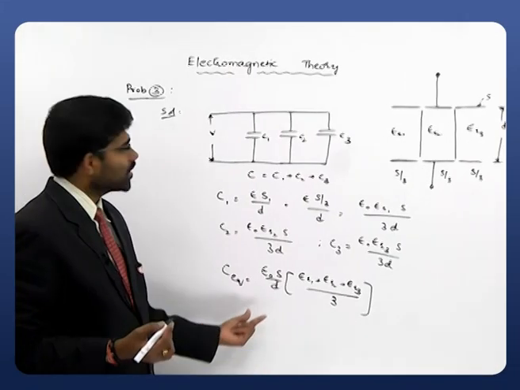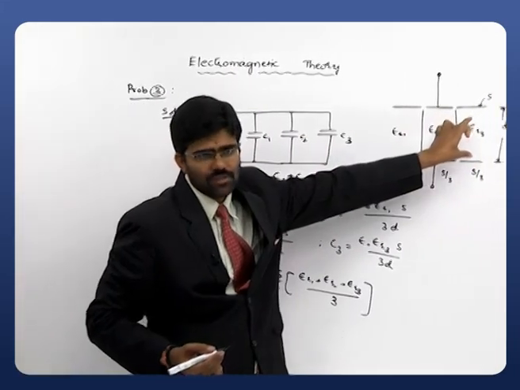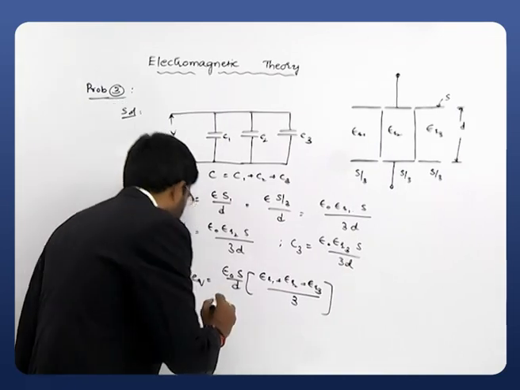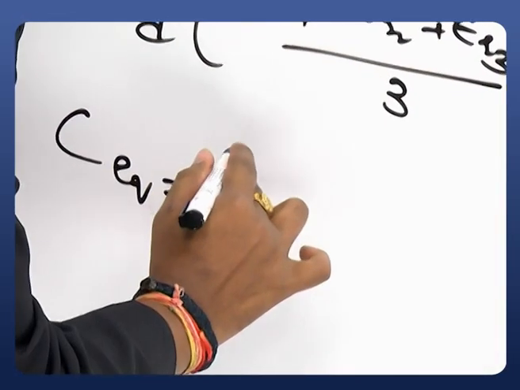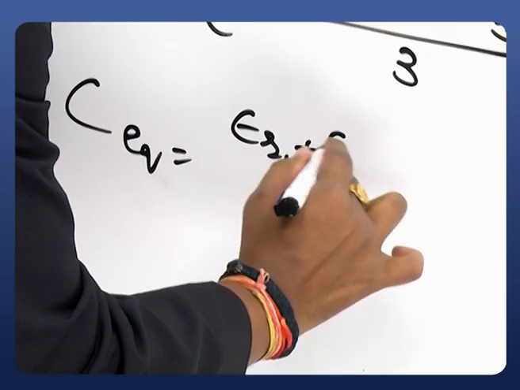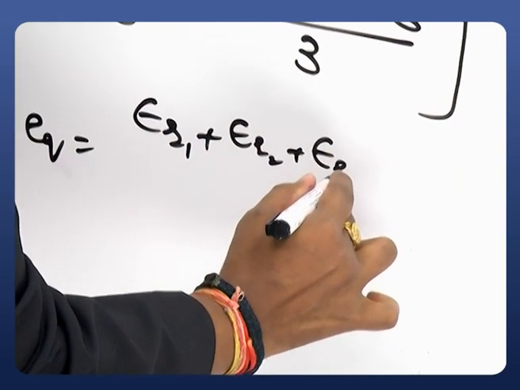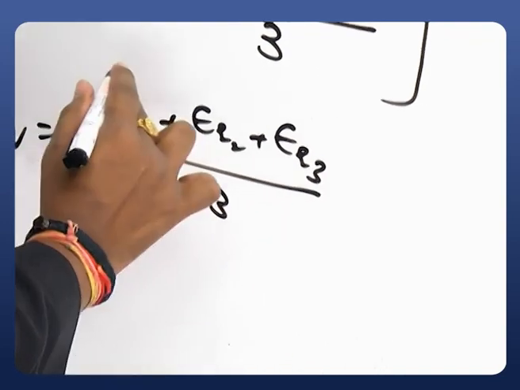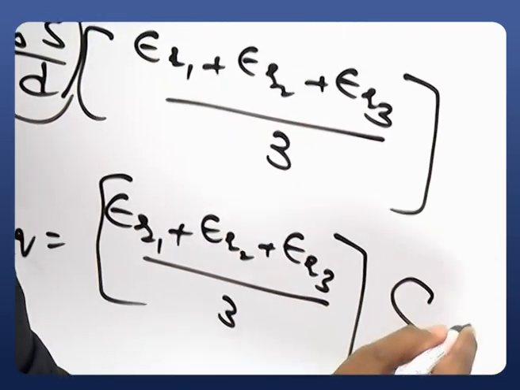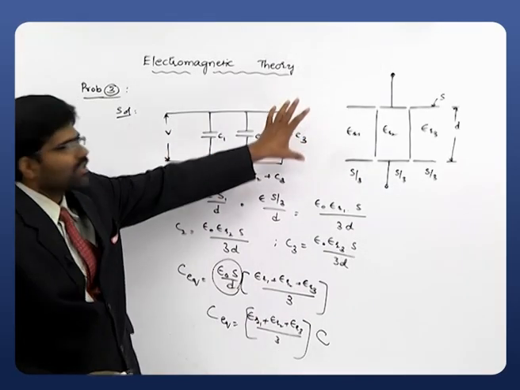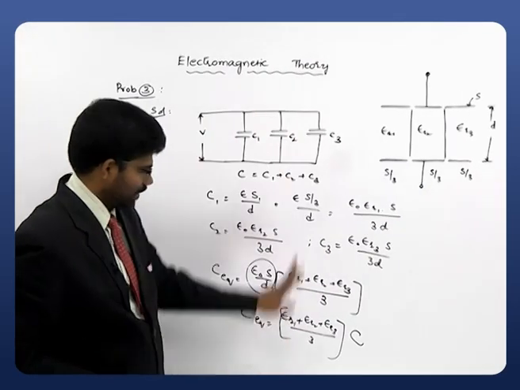Once again, that is the capacitance without the dielectric slabs, so it can simply be replaced with C. Therefore, C equivalent equals epsilon R1 plus epsilon R2 plus epsilon R3 divided by 3, multiplied by the capacitance of our original structure without those dielectrics. So this is our answer.